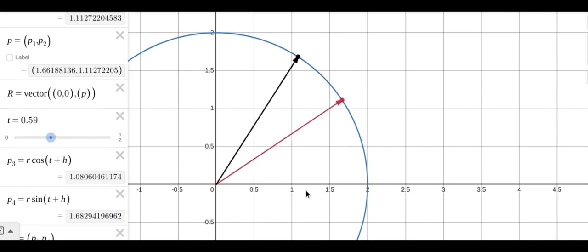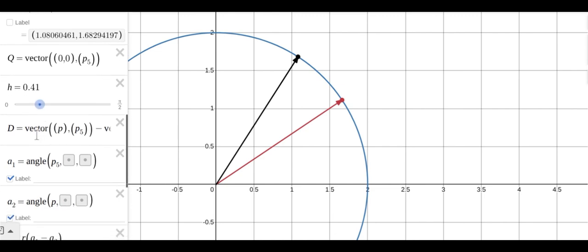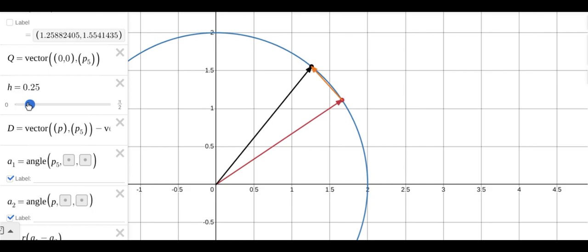Now, following that equation we looked at first, we want to know the difference between this vector and this new vector, and it's that one. You can see as I change that increment of the black one away from the red one, the distance decreases, obviously, and that is given by that orange arrow, and it eventually becomes the same vector.